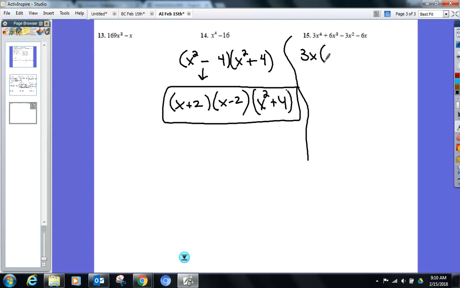What's left inside? x to the third plus 2x squared minus x minus 2.